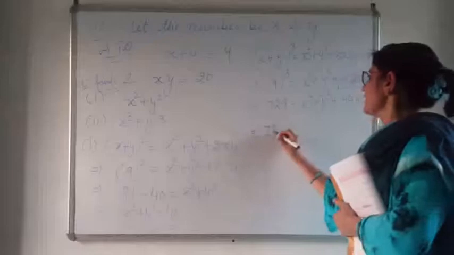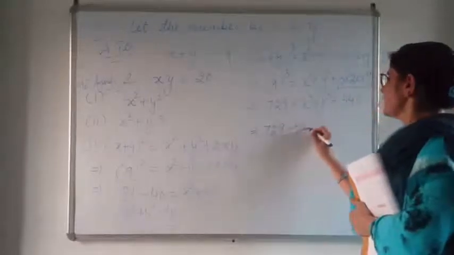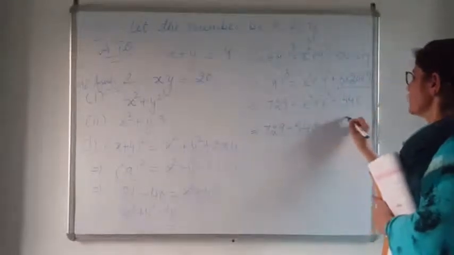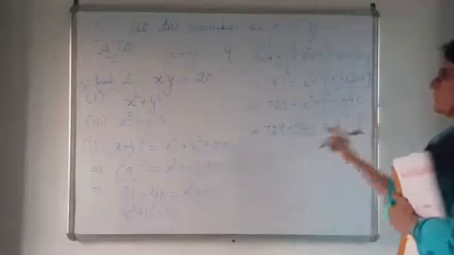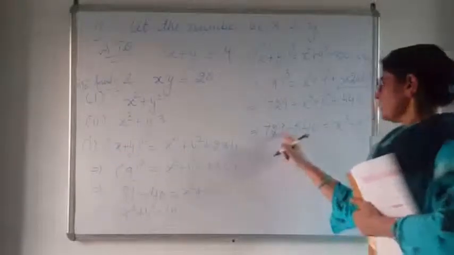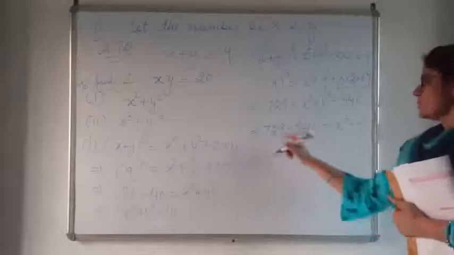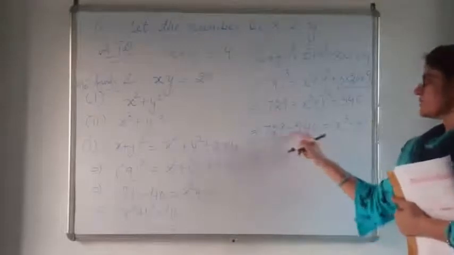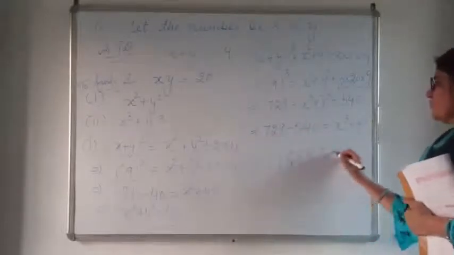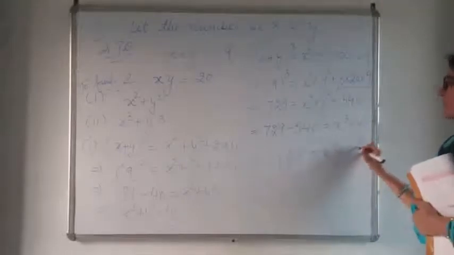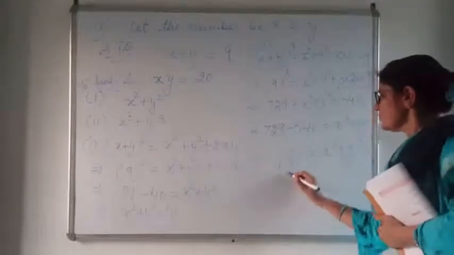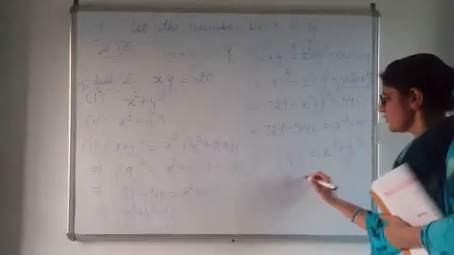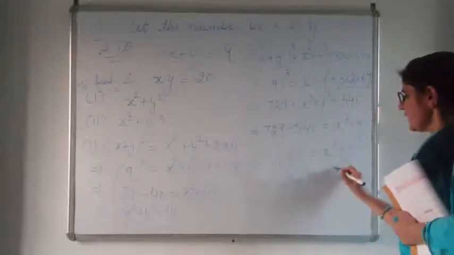So 729 minus 540 equals x cube plus y cube. We will subtract them. 9 minus 0, 9. 12 minus 4, 8. 6 minus 5, 1. So the value of x cube plus y cube is equal to 189.